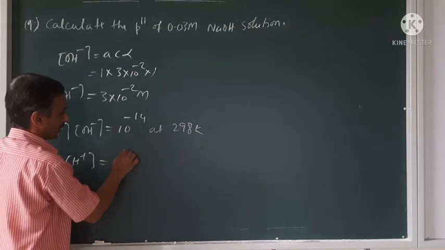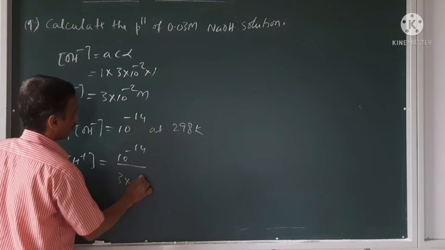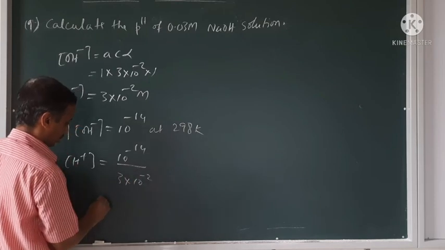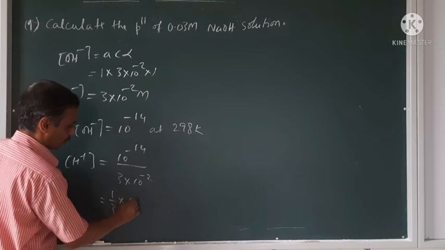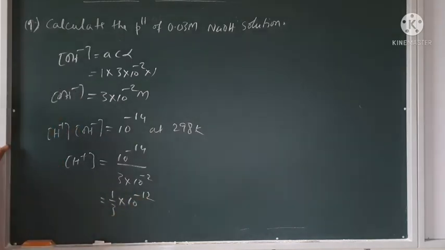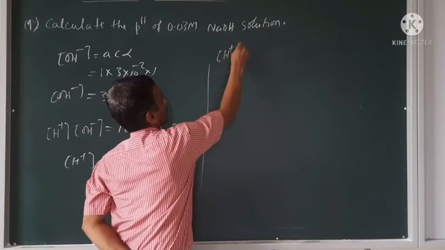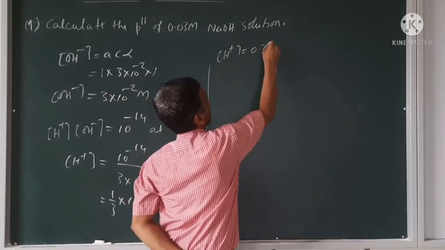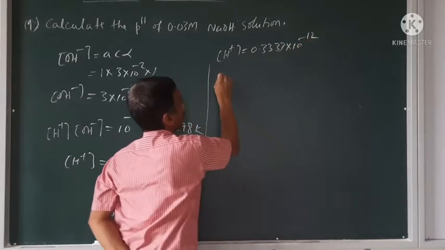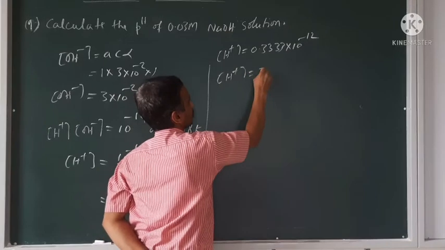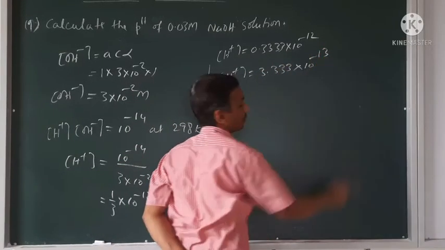H plus concentration is equal to 10 power minus 14 divided by 3 into 10 power minus 2, which is equal to 1 by 3 into 10 power minus 12. H plus concentration is equal to 0.333 into 10 power minus 12, or H plus concentration is equal to 3.333 into 10 power minus 13.